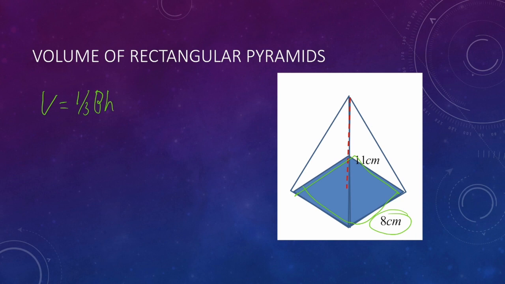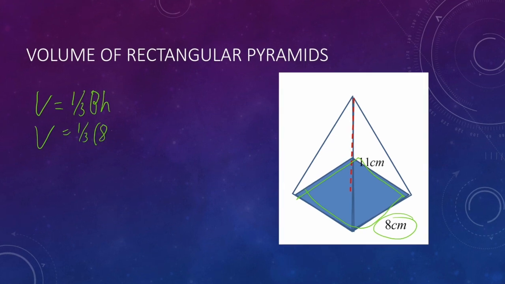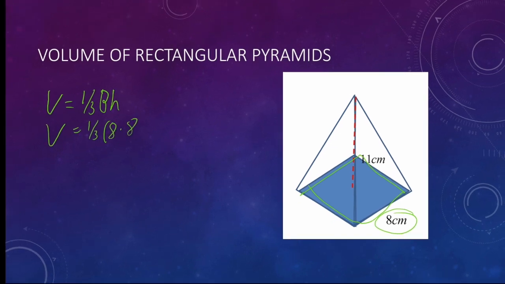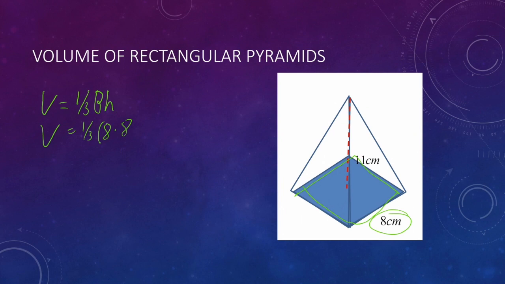So in this case, our area of the base is going to be 8 centimeters squared. Remember, area of a rectangle or square is base times height. So 8 times 8. And then the height of our pyramid is 11 centimeters.